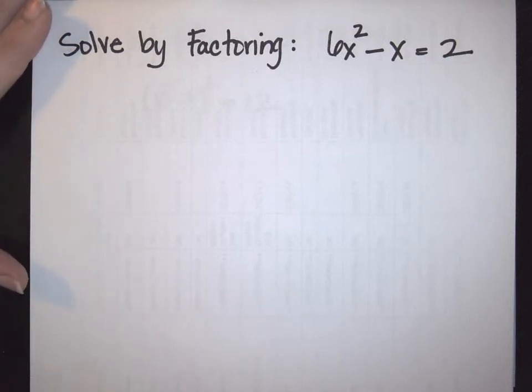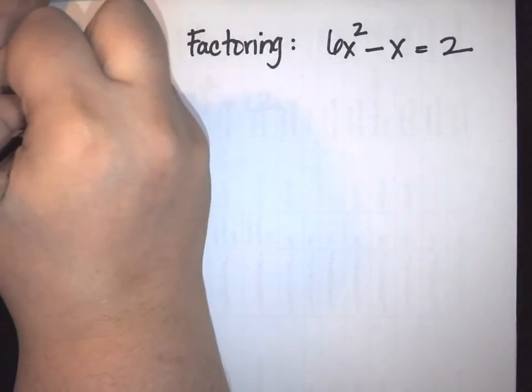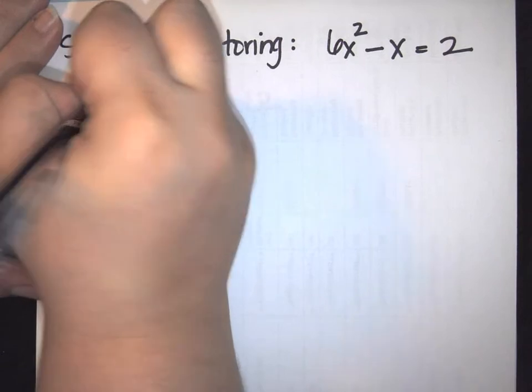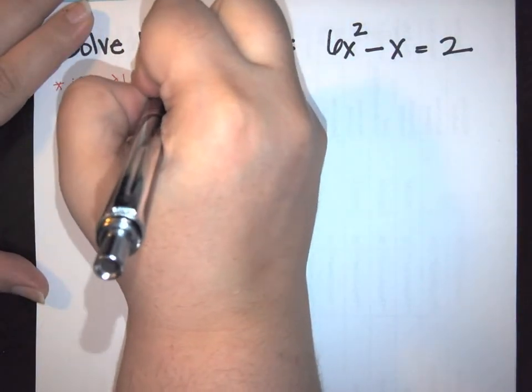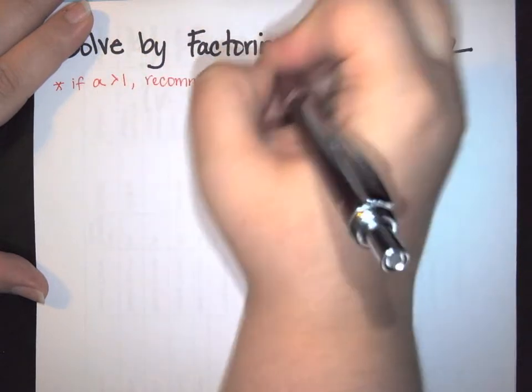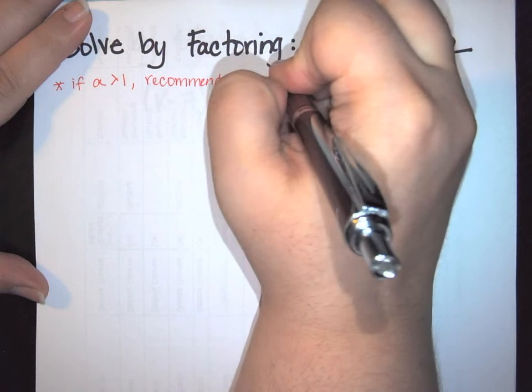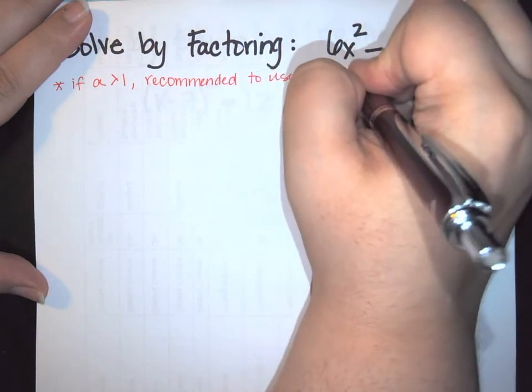Okay, so first and foremost, if your a is greater than 1, then it's recommended to use what's called the AC method.